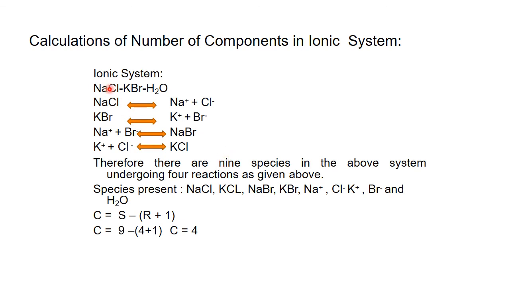So here S is 9 species, and these 9 species are produced in 4 chemical reactions. So the value of R is 4 plus 1, 5. 9 minus 5 is equal to 4. So we can say the sodium chloride, potassium bromide, water system is a 4 component system.